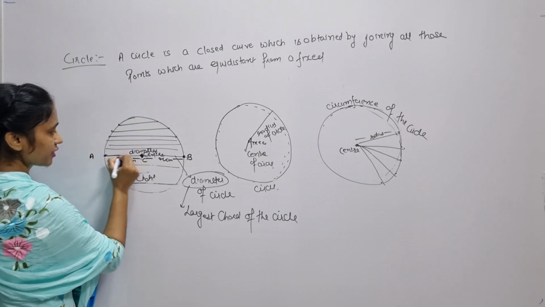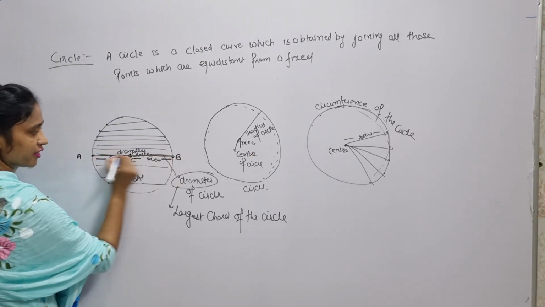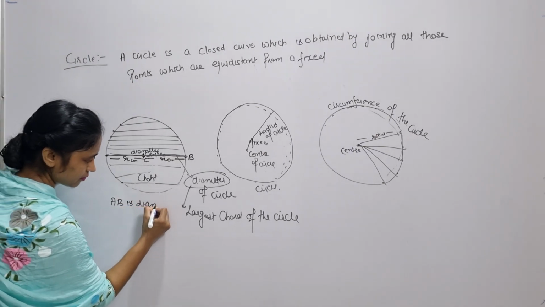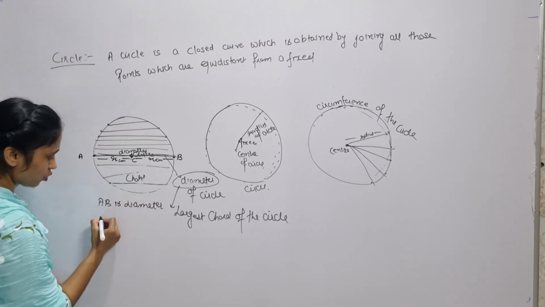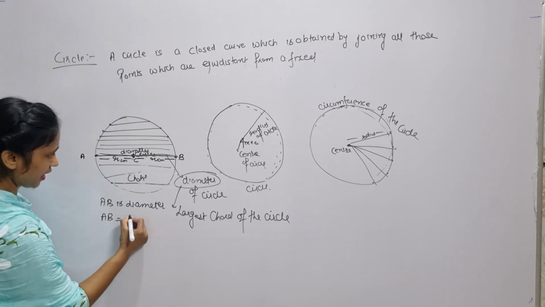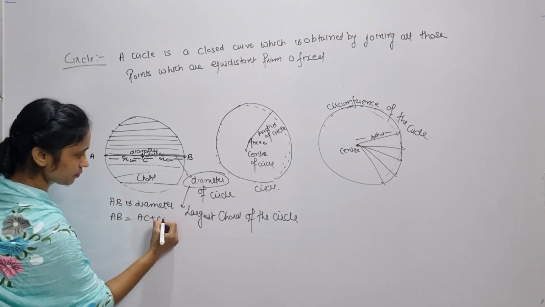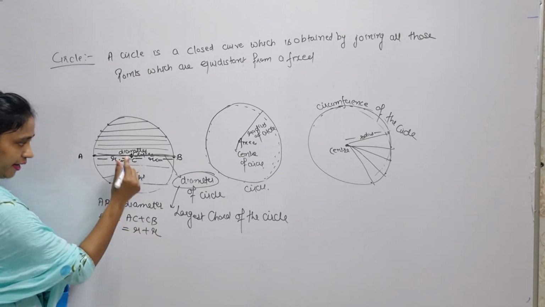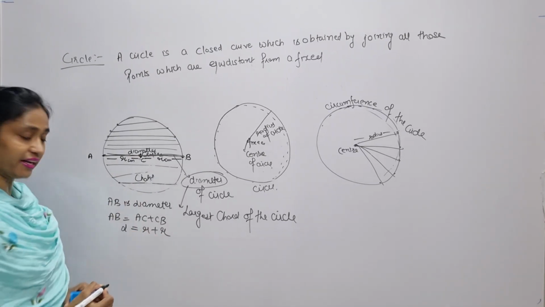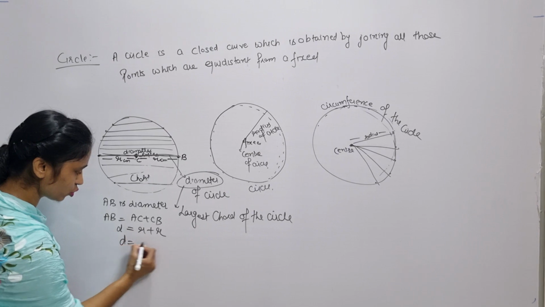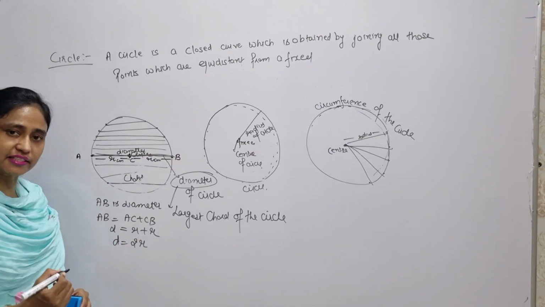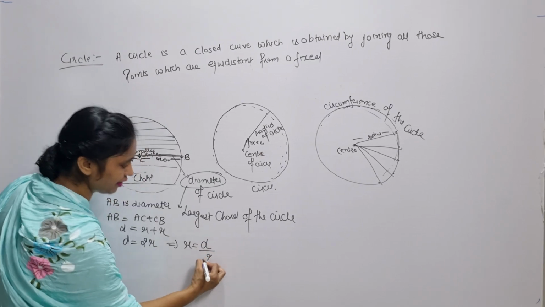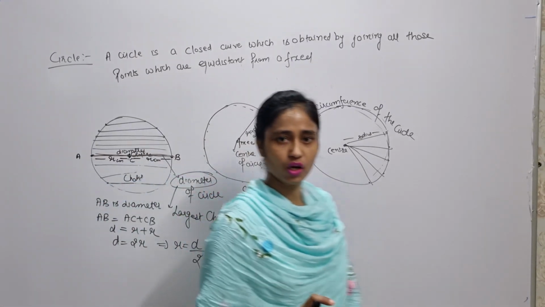So this full is the diameter. AB is a diameter. Okay, so AB can be written as AC plus CB. AC is also r, CB is also r. And diameter in short form we can denote by D. Means diameter is 2 times the radius. Or you can say that radius is half of the diameter.